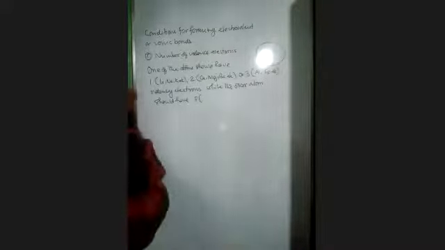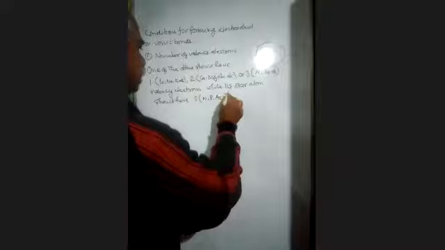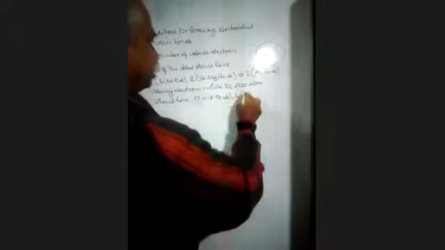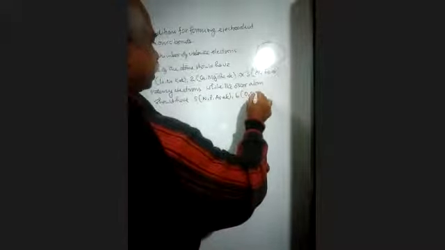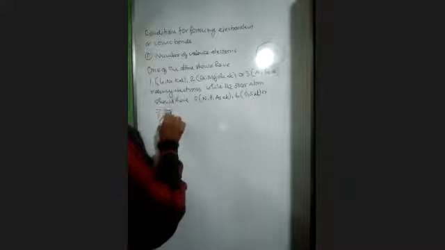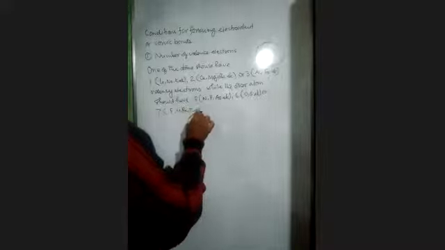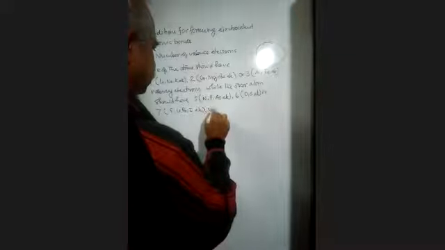Group 15, so it can be nitrogen, phosphorus, arsenic, etc. Six: where do you have it? Group 16: oxygen, sulfur, etc. Or seven: which are these? Halogens: fluorine, chlorine, bromine, iodine, etc.